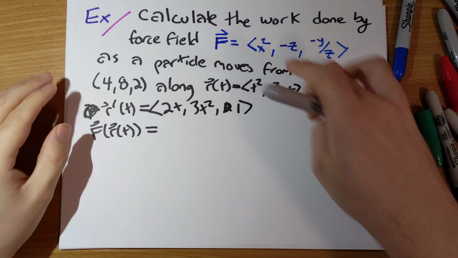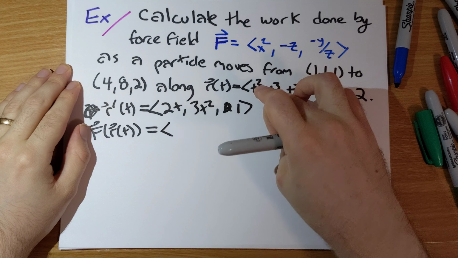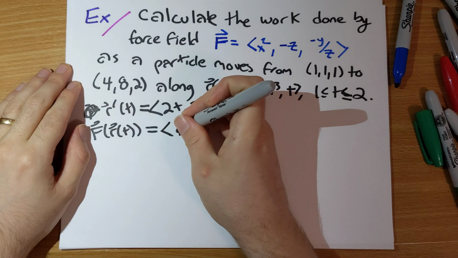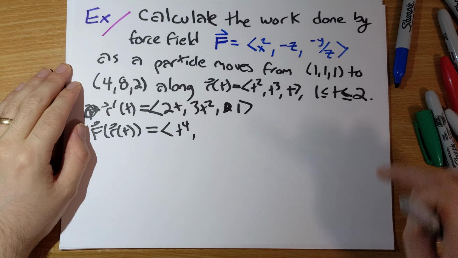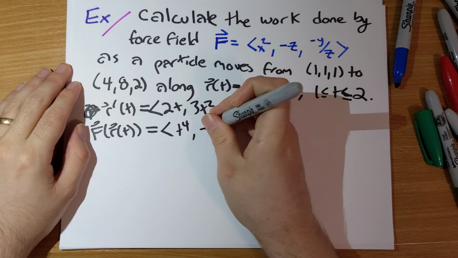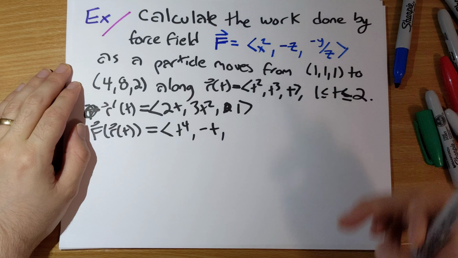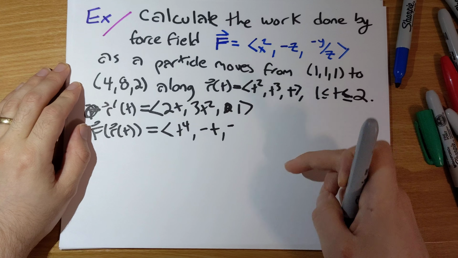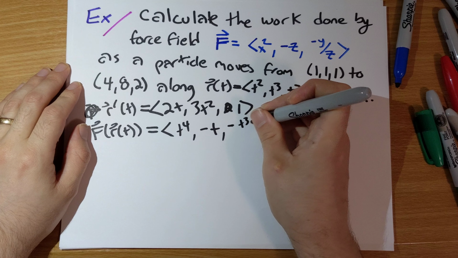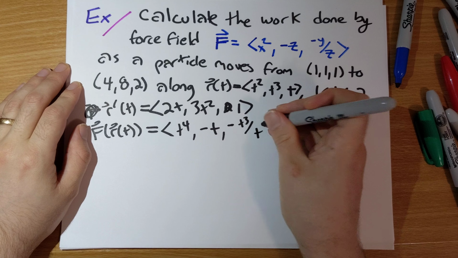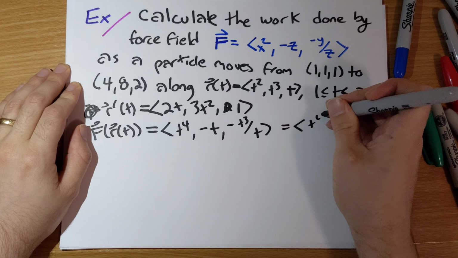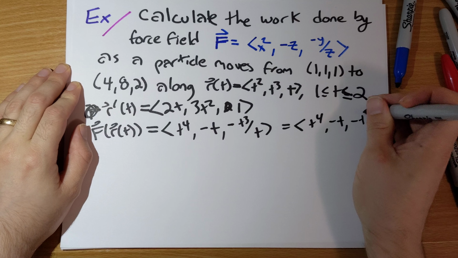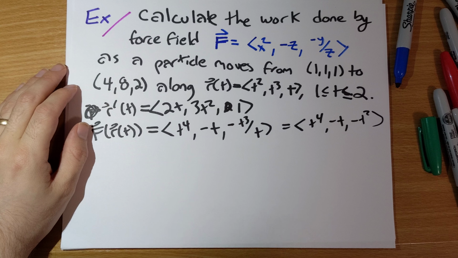It's going to be x squared. x is t squared, so that's t to the 4th. And then negative z is t, so negative t. Negative y over z is going to be negative t cubed over t. So t to the 4th, negative t squared.